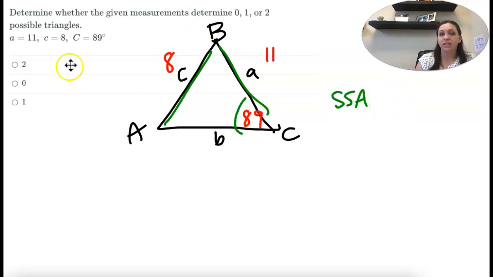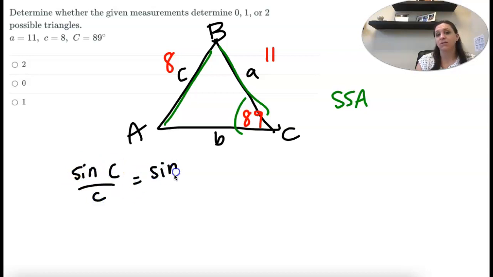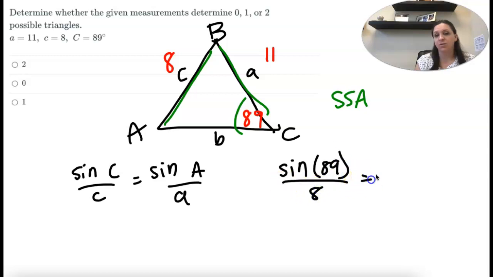Okay, so that means it could be any of these. Multiple options. So again, it kind of sucks, but you have to do law of sines to see what's going on. Okay, so it's the same one where we know C is 89 and side C is 8. We don't know angle A. We know side A is 11.